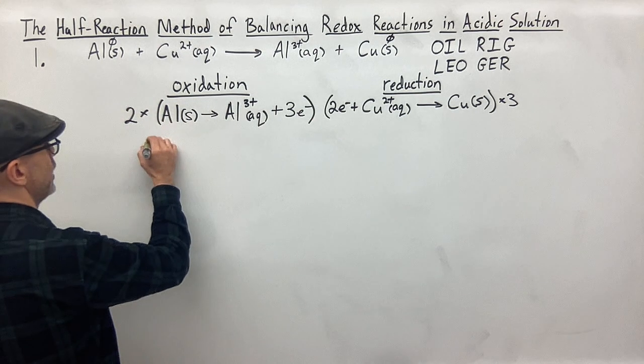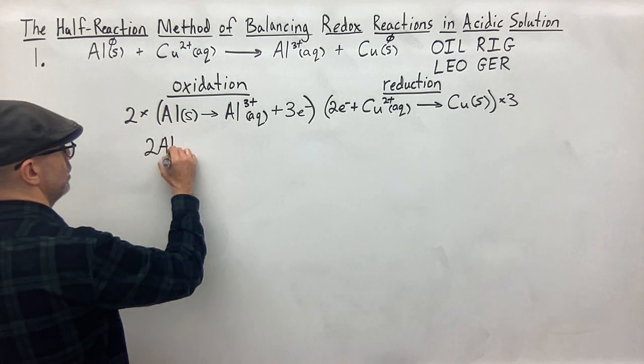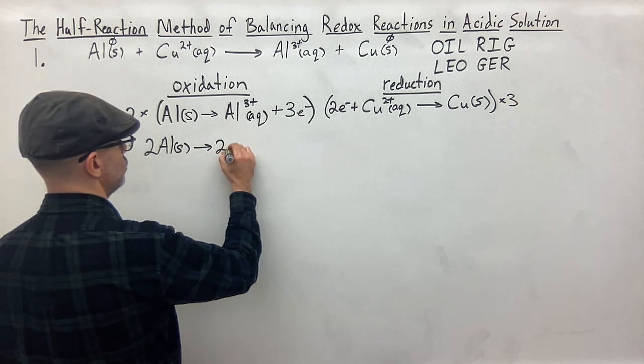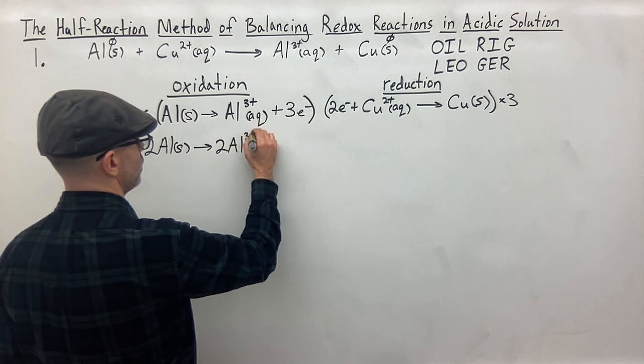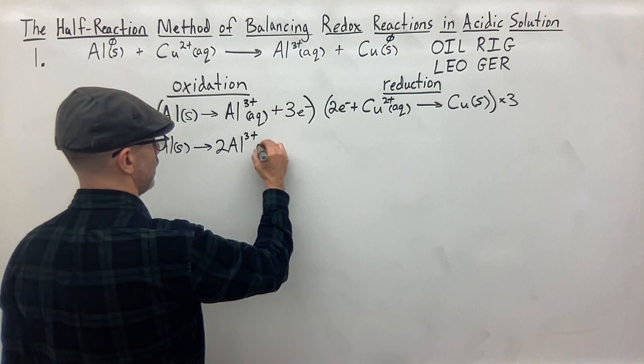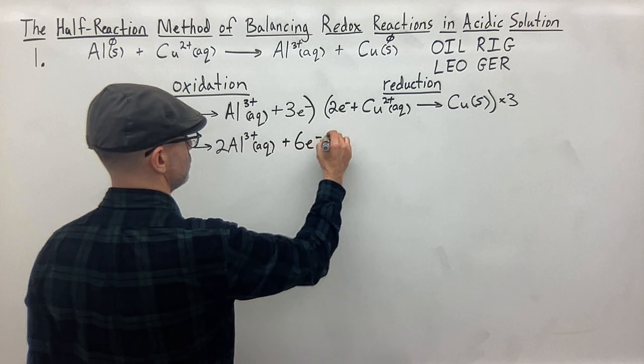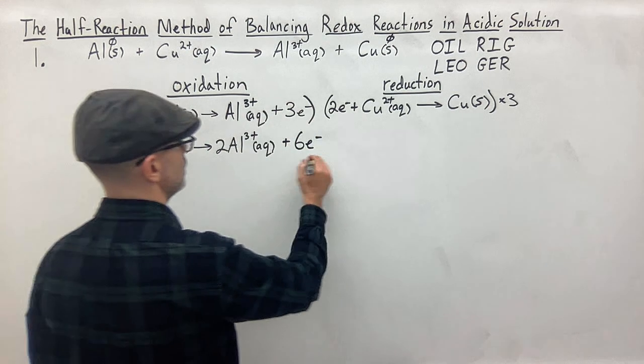So then I get 2Al solid goes to 2Al3+ aqueous, and then plus 6 electrons, because 2 times 3 is 6.